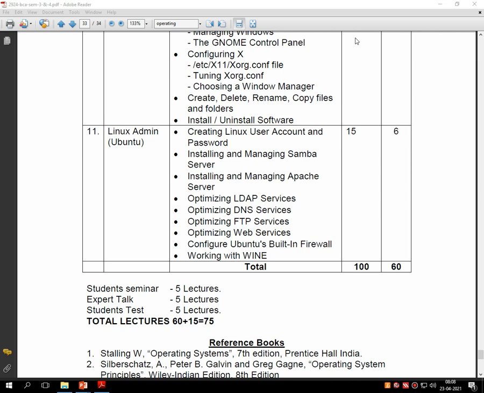In parallel with this, we have discussed the internals of the operating system by discussing process management, memory management, architecture, the booting process, and components of the booting process called Window Managers in terms of GNOME and KDE, and various other topics also.